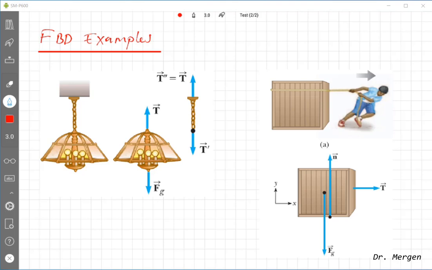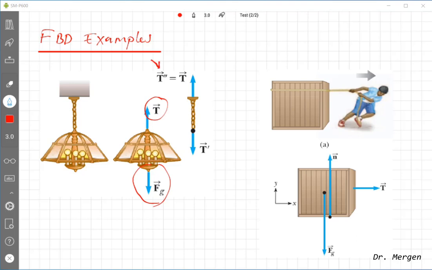In the first one, we have a chandelier hung to the ceiling with a chain. The first free body diagram is the chandelier itself. It was separated from the system, and we can see the tension force of the chain and the weight of the chandelier here. And in the second free body diagram of our chandelier, we can see the chain, only the chain itself, and the forces acting on it.